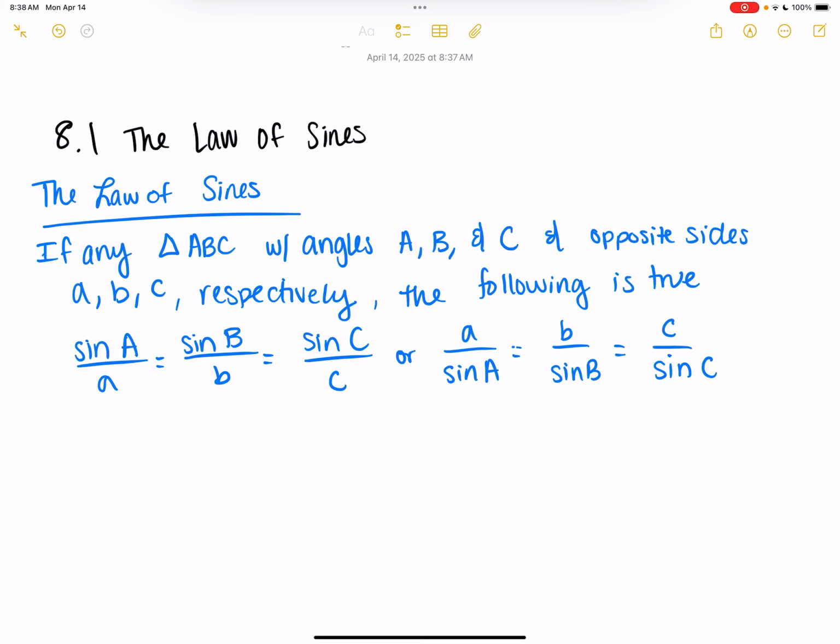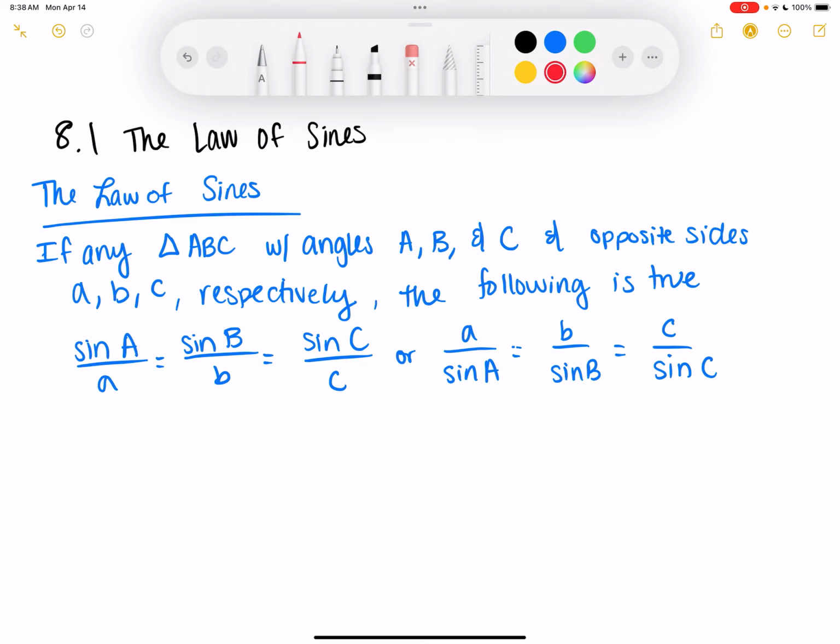So from geometry, perhaps you remember that we have different ways to solve triangles. We have things like side, side, side, angle, side, angle, side, angle, side. I don't know. I can't remember all of them. I never remember. I think there's an angle, angle, side one.